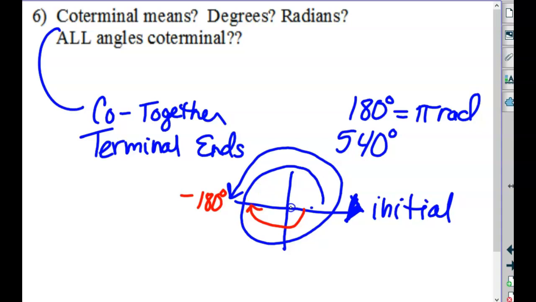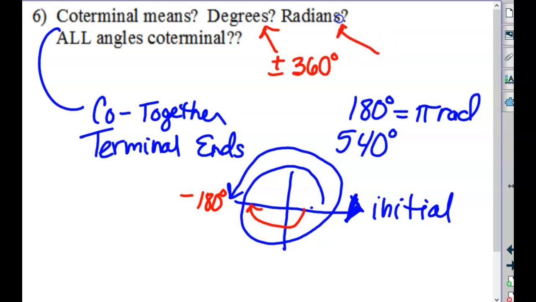Anything that ends together. So how do you find angles that are coterminal? If you are in degrees, you want to know another name for that ends at the same spot, you would do what? Yes, add or subtract. How much? 360, a whole rotation.